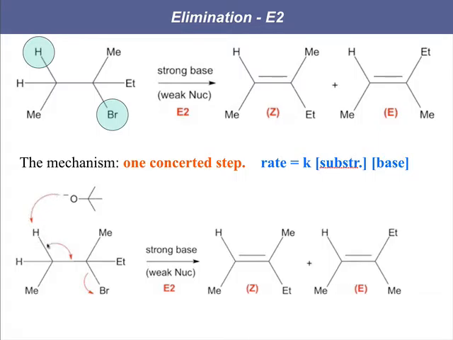So when those electrons are liberated, they are then immediately donated into an antibonding orbital of the carbon-bromine bond. In doing so, we make a pi bond, and that corresponding bonding orbital is broken. So the bromine leaves. That gives us the carbon-carbon pi bond from these electrons, and the bromine is liberated.